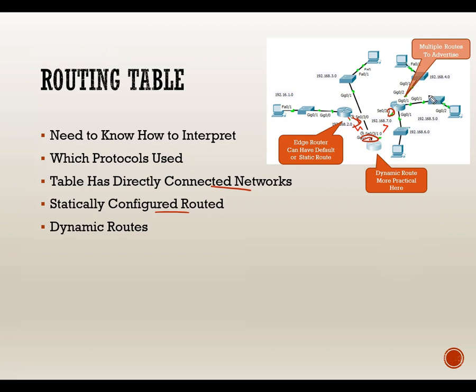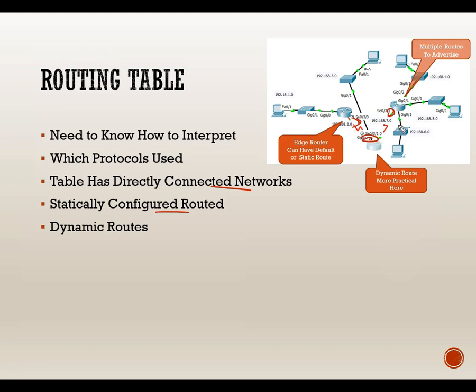We have multiple networks connected to it, so it is going to advertise multiple networks. I know how to get to these 3 directly connected, but going out, it could have a static route, a default route, because that's for outgoing.